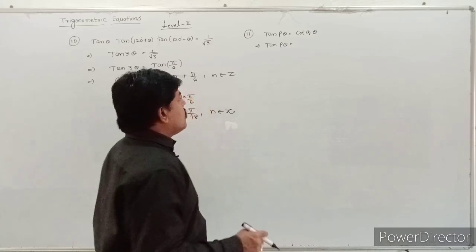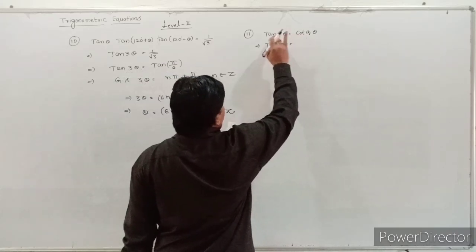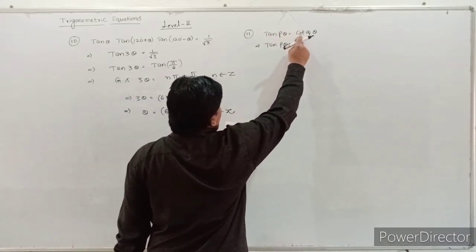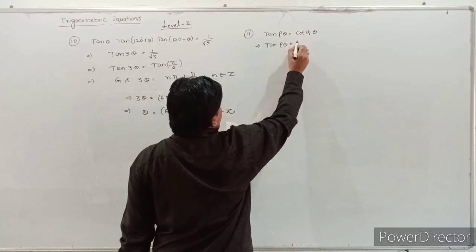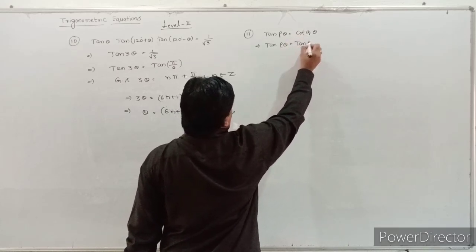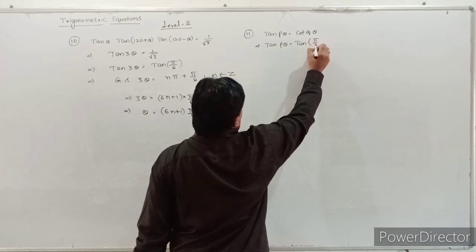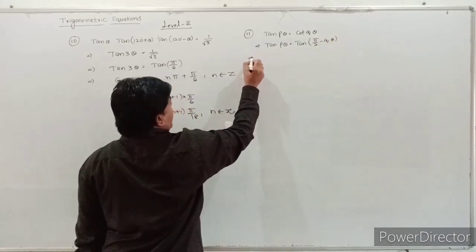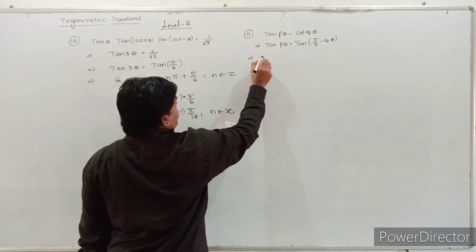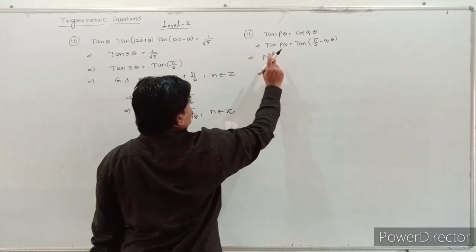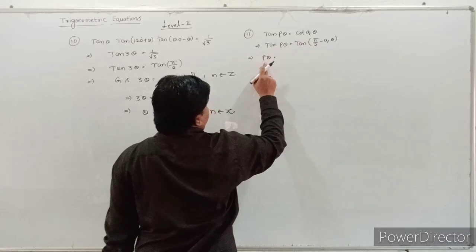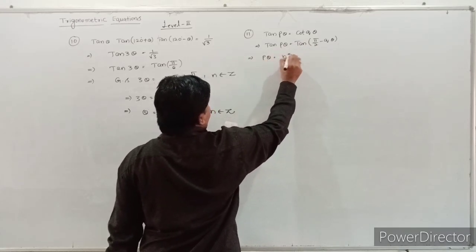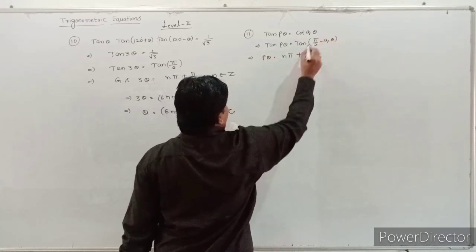Okay. So tan p theta is equal to cot q theta. One side is a tan and one side is a cot, so you change this one also in terms of tan. How can you change that? Tan of (pi by 2 minus q theta). So that implies p theta is equal to... if tan theta is equal to tan alpha, then theta is equal to n pi plus alpha. What is the alpha?